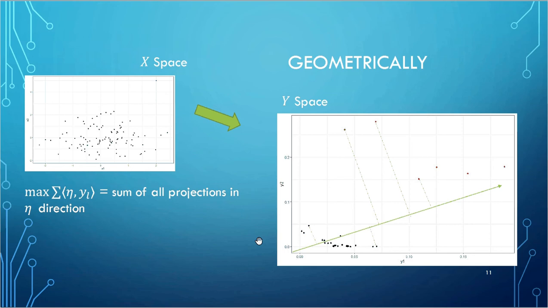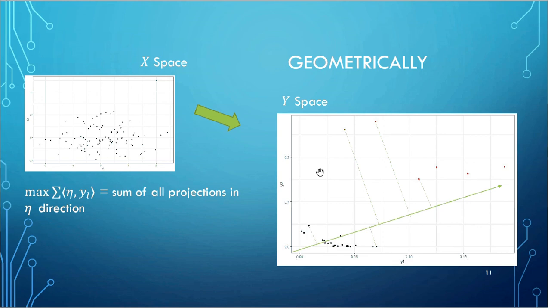So geometrically, what does this mean? We have the X space, and when we transform this, we get our Y space. What we are finding is this direction eta, given by this yellow vector. We want the direction eta such that eta dotted with yL is that value for every point. Eta dot product yL is actually the projection of these points, because eta is a unit vector.